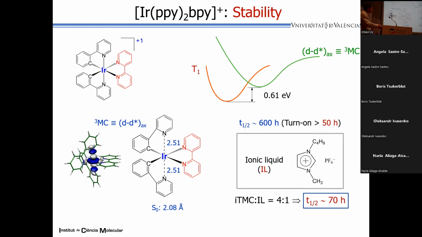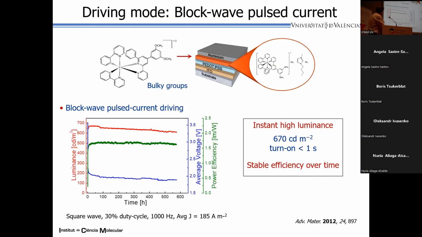Finally, by using more bulky groups in the molecule, but mainly changing the driving mode of the device. The driving mode, this block wave pulsed current driving, is that you apply the current, but you stop the current doing duty cycles. And then you really stop the growth of the doped zone.